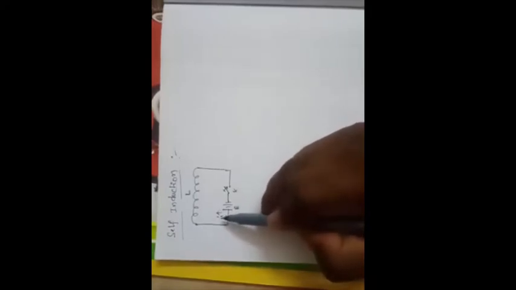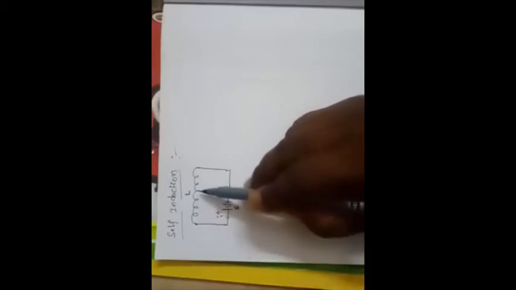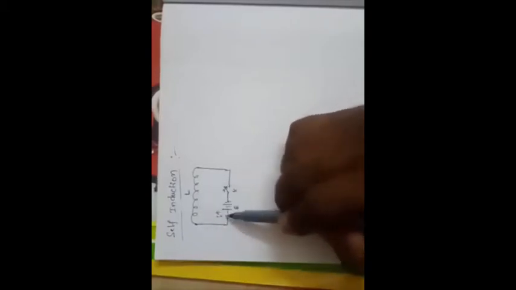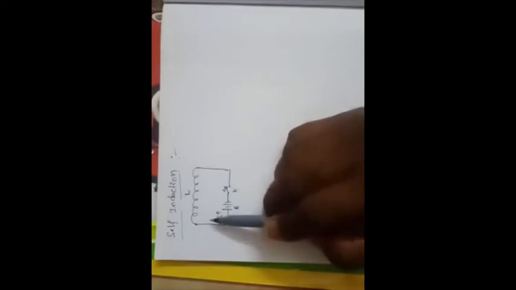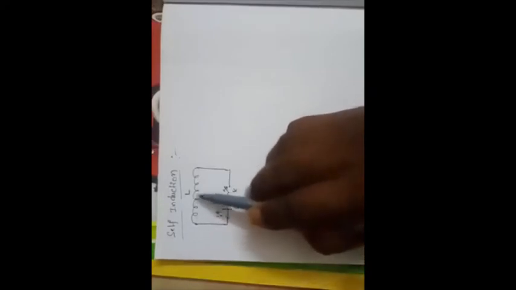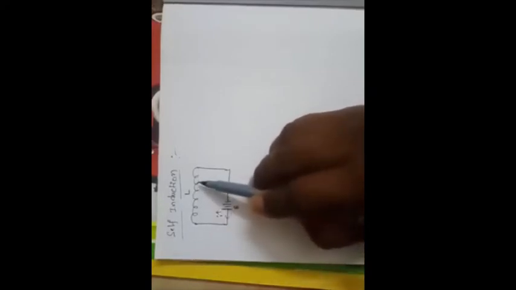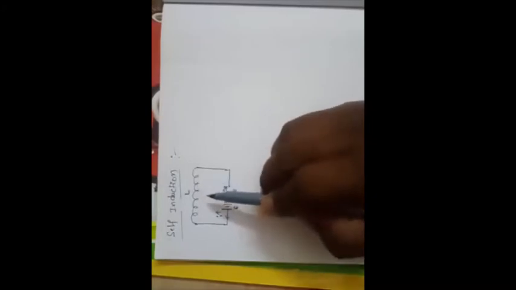Current is growing, so the magnetic field lines linked with this coil also increase. Magnetic field lines increasing means the flux is increasing.